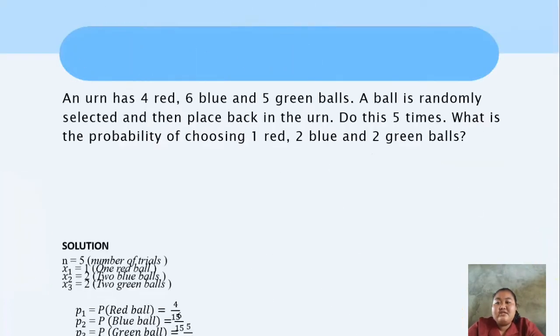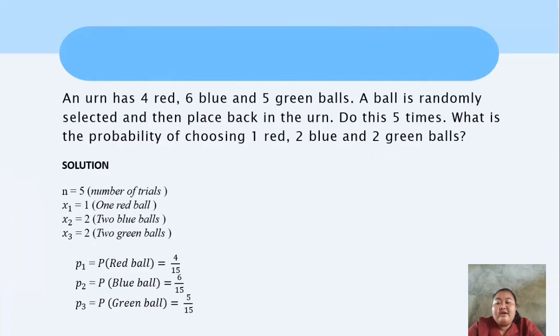In the solution, n equals 5 number of trials, x1 equals 1 red ball, x2 equals 2 blue balls, x3 equals 2 green balls.